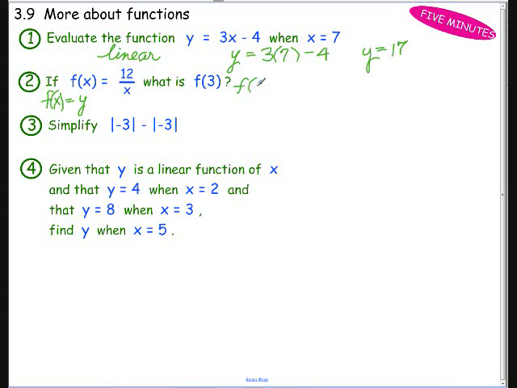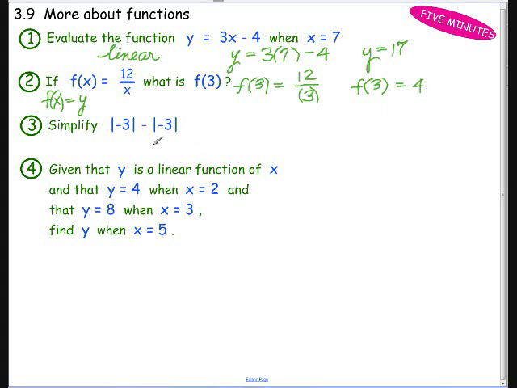Every place we have an x, we're going to substitute in the 3. So we're saying the value of function f at 3, and there's the 3, what will it be? Function f at 3 equals 4.